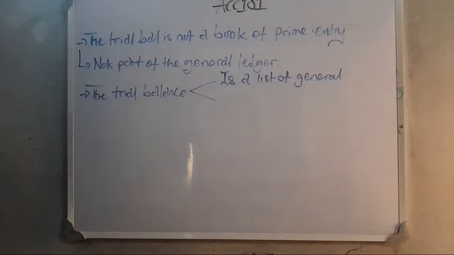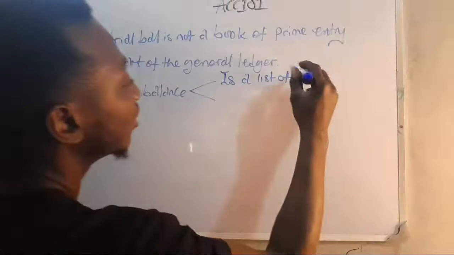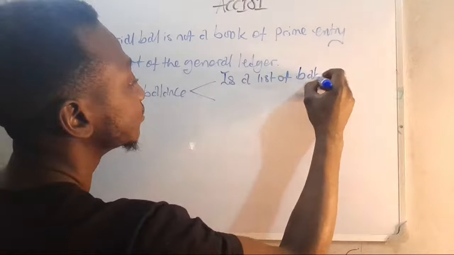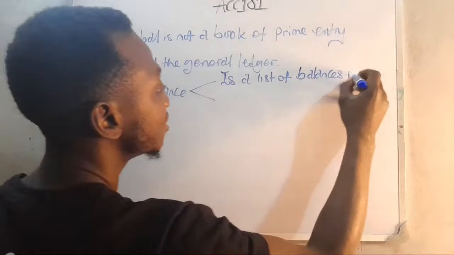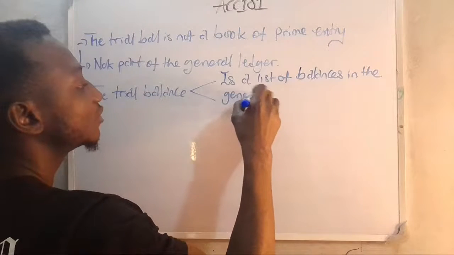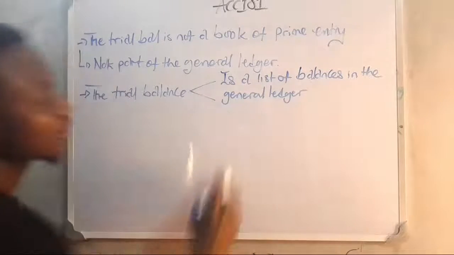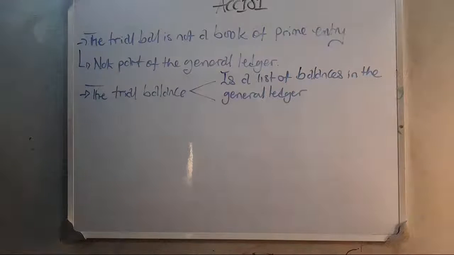It's a list of balances in the general ledger at the end of an accounting period.